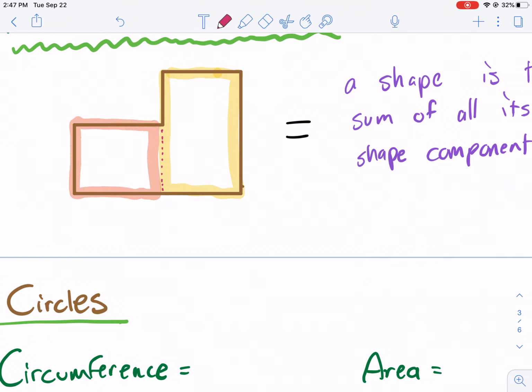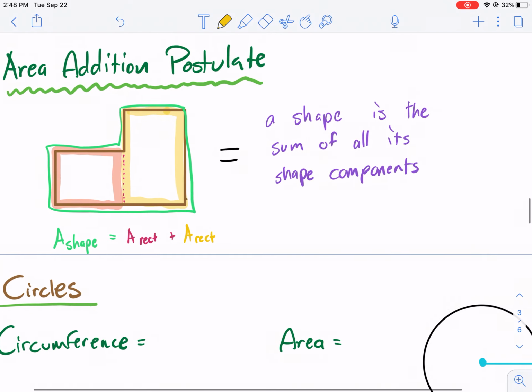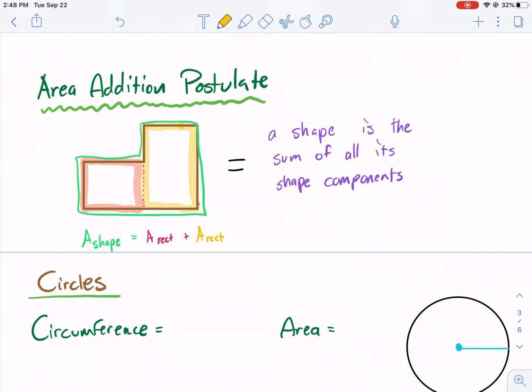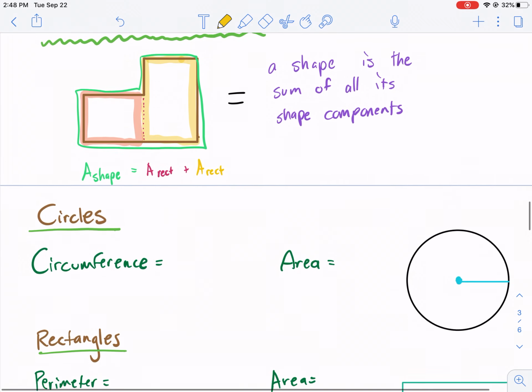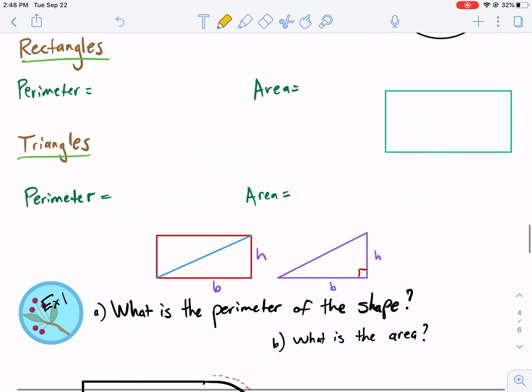To find the area of this compound shape, let's make it green on the outside, the area of the big shape would be equal to the area of the rectangle plus the area of the long rectangle. So see how it's a compound shape? It's the sum of multiple components, and that's the area addition postulate. So you can find the area of anything as long as you know the components that make up the compound shape.